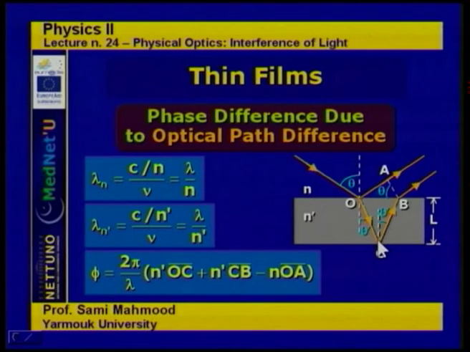And the difference in optical path is equal to this length OC, but here OC we multiply it by n prime in order to account for the difference in wavelengths in this medium.